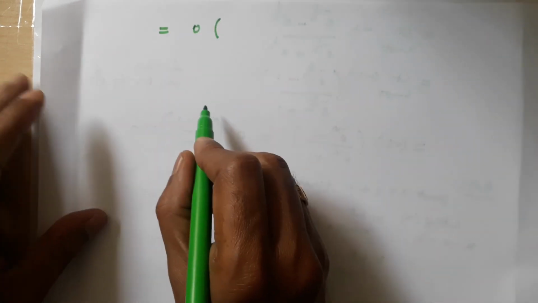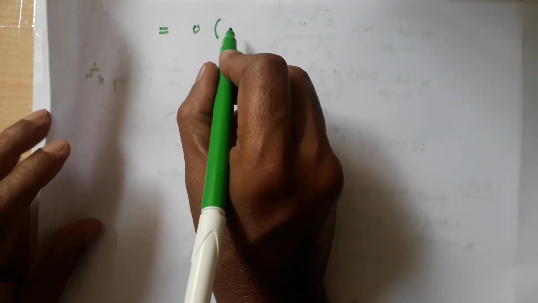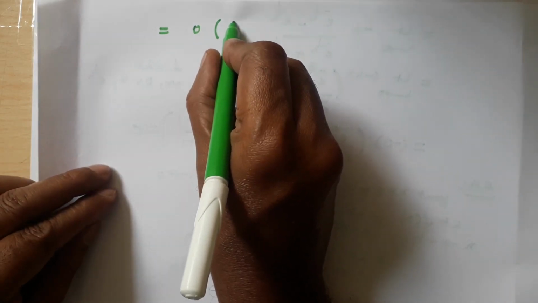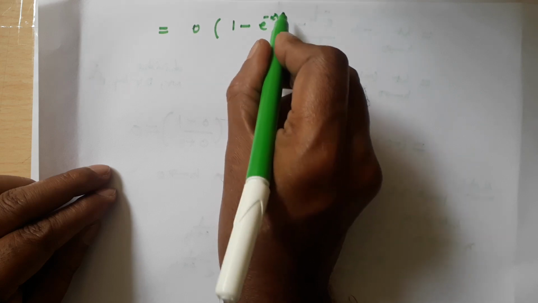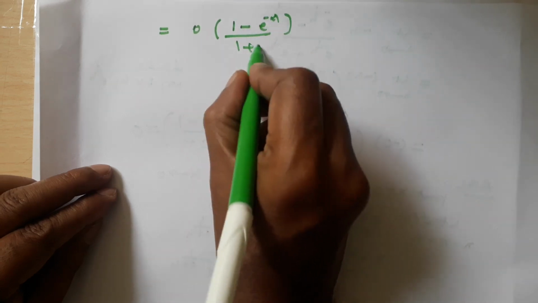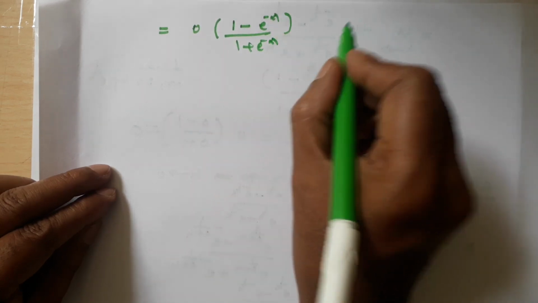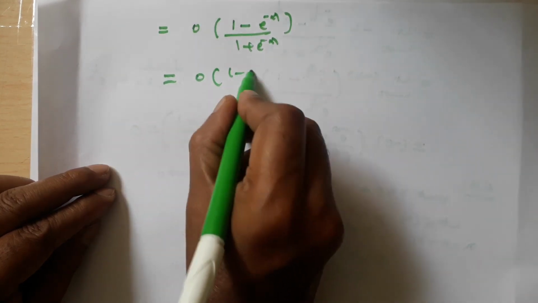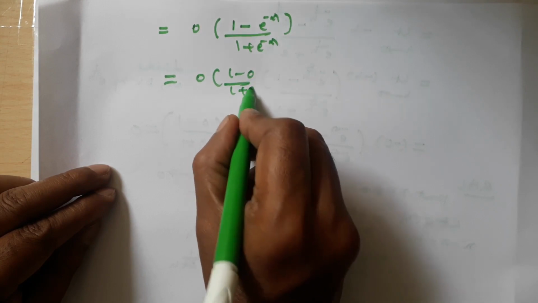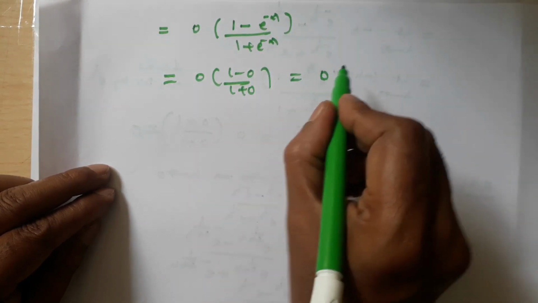Applying the limit value, 0 into (1 minus e power minus infinity) divided by (1 plus e power minus infinity), is equal to 0 into (1 minus 0) divided by (1 plus 0), is equal to 0.